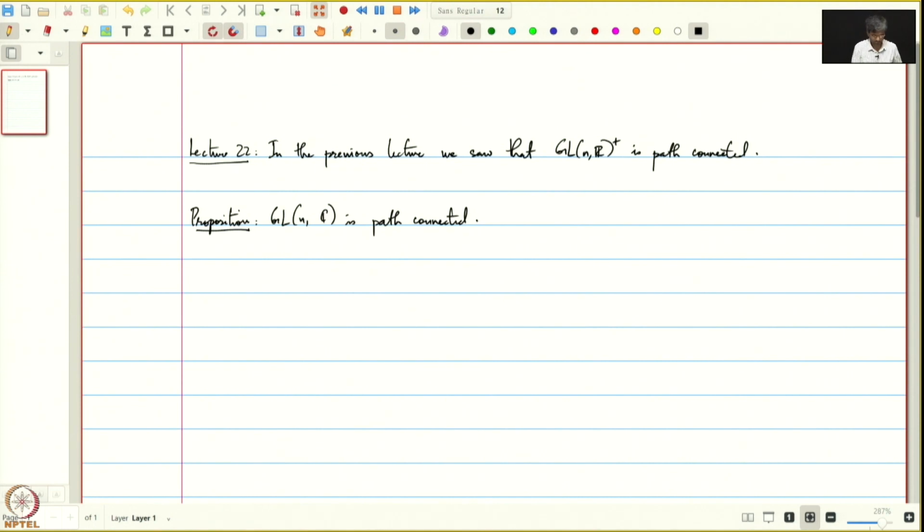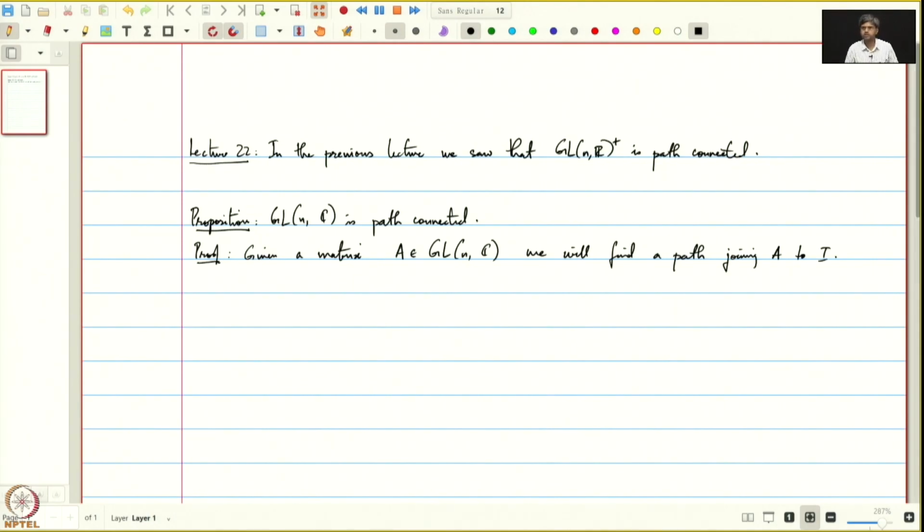So, to show that GL_n(C) is path connected, given a matrix A in GL_n(C), we will find a path joining A to identity. So, we have to find a path in GL_n(C).